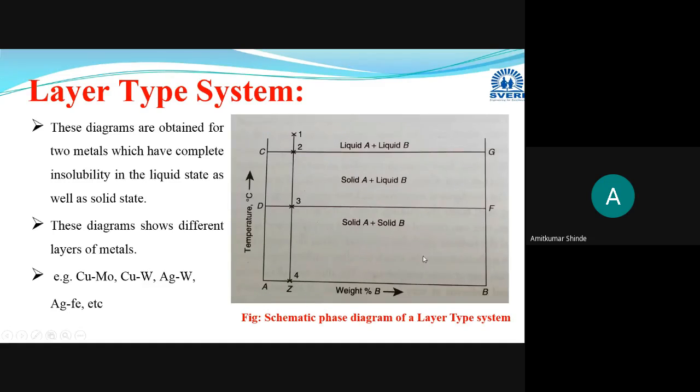Then during the cooling, when temperature reaches point 2, this point C is the melting point of element A, so liquid A will get solidified at this temperature. In region 2 to 3 you will see two phases, solid phase plus liquid phase, and the solid will be of element A and the liquid will be of element B.